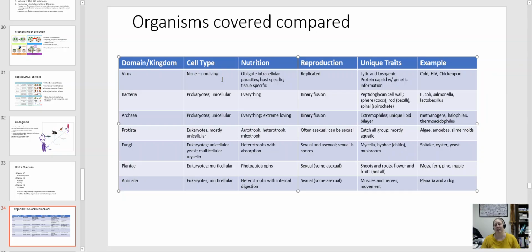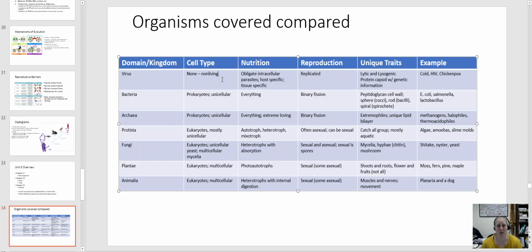Viruses do have that lytic and lysogenic cycle, and they have a protein capsid with genetic information. Remember, we cannot use antibiotics to treat viral infections because they do not have the components that antibiotics target. In doing so, we increase the antibiotic resistance in bacteria that exist in your body by putting them under that selection pressure to survive antibiotic treatment.